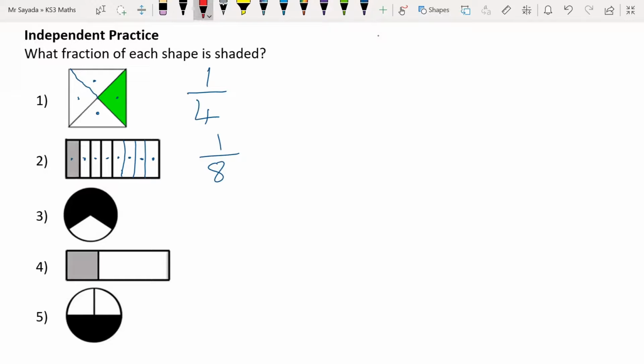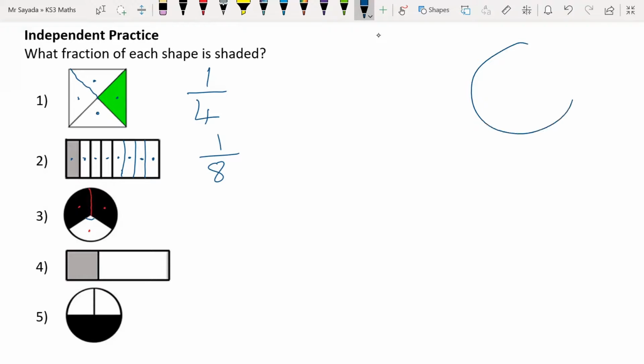Question 3 is another tricky one. I've not done that right, apologies. By doing one vertical line over here, that splits the shape into 3 equal parts. It's quite tricky to see, but that would be 3 equal parts. The reason I know that's 3 equal parts and not 4 is because if it was 4, this angle here would be a right angle.